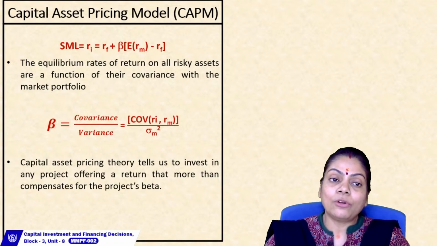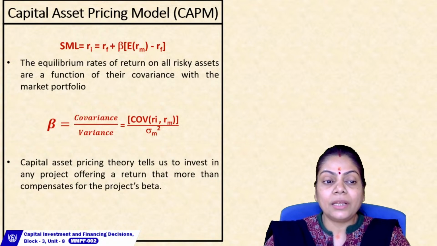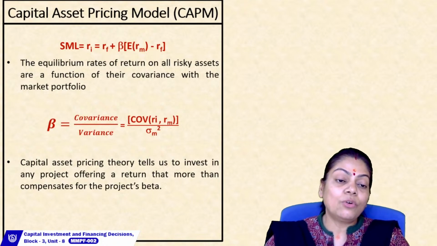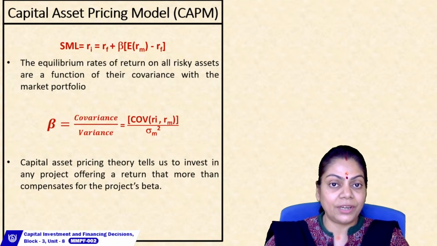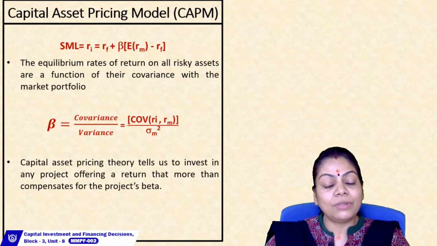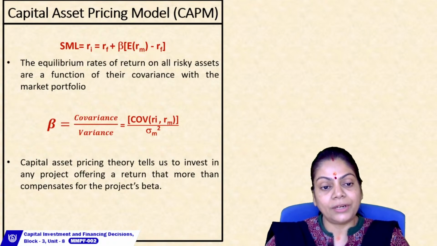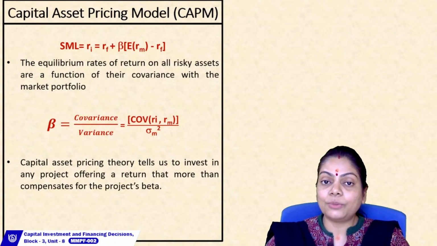We can also compute beta by doing this calculation, that is the covariance divided by variance: the covariance of the individual stock's return, for whose beta we are interested, with the market return, divided by the variance of the market.